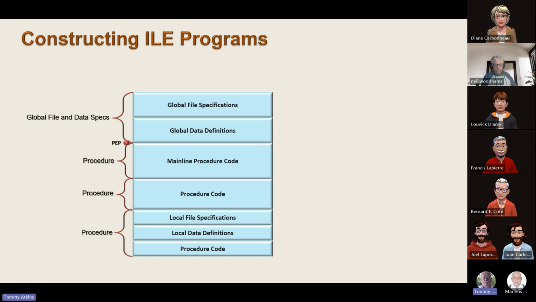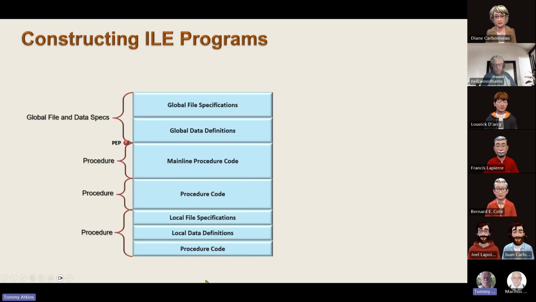And then, of course, you can have the procedure code that can work with your local file specifications and your local data definitions, as well as your global file specs and global data definitions. So this shows the increased power of the procedure.